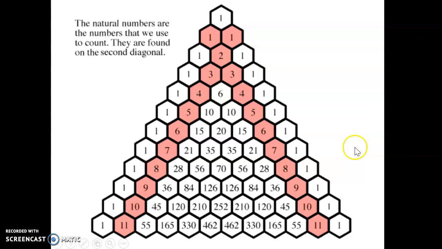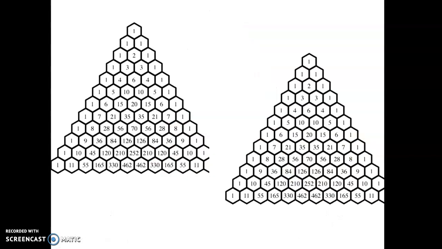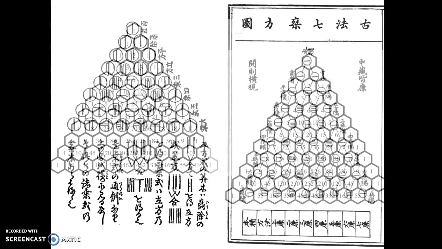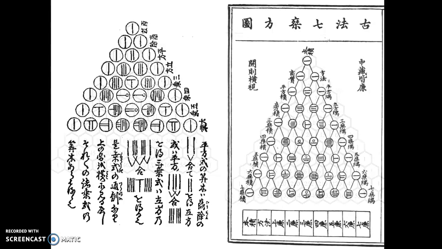So the second diagonal shows the natural numbers. And I think before even Pascal had come up with this, you can Google it, when Pascal discovered this triangle, the Chinese had actually known about it way before, and they knew about this number system.